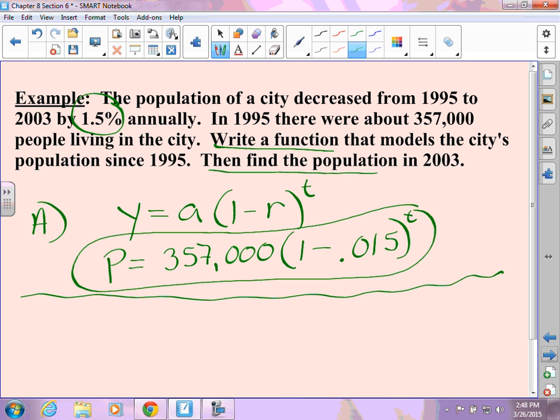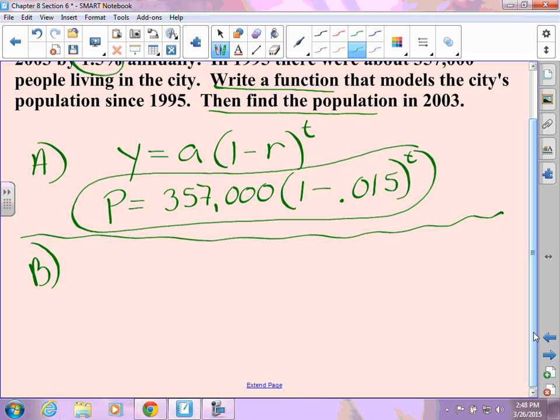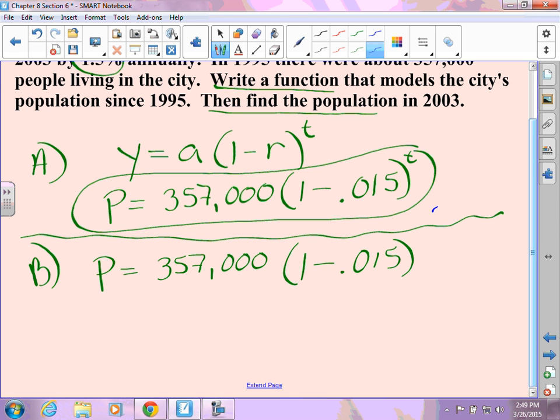Now for part B, we're going to plug in how many years. I'm going to take this same equation, P equals 357,000, 1 minus 0.015, and I have to find the t. It goes from 1995 to 2003, so if I take those numbers, I end up getting 8. That ends up being my t.